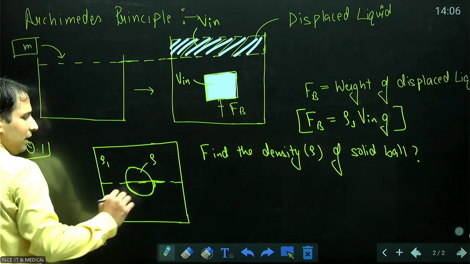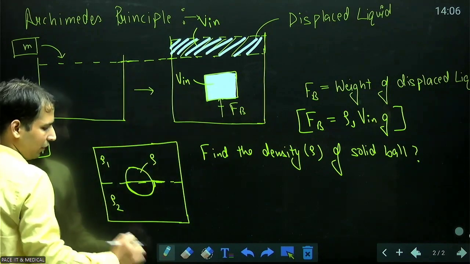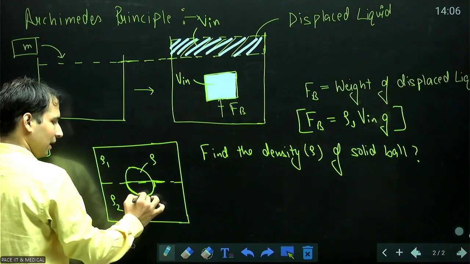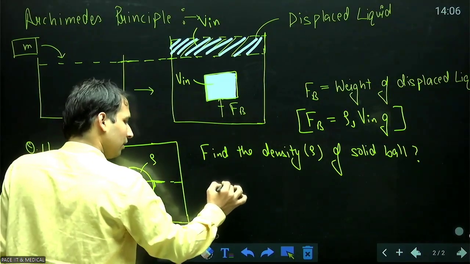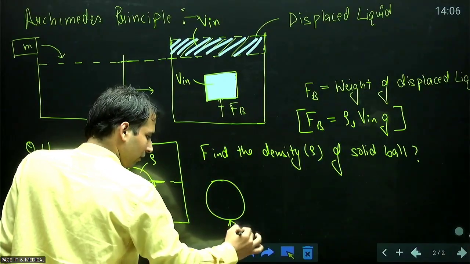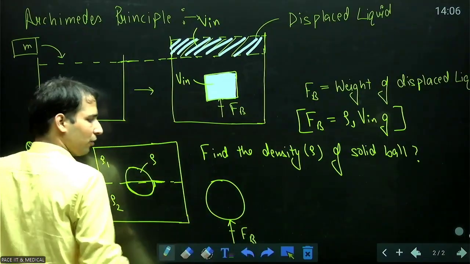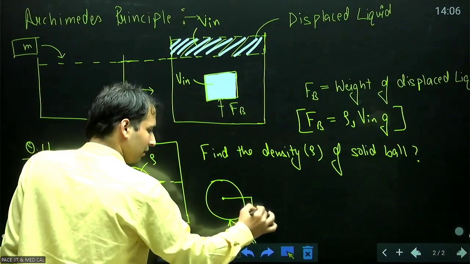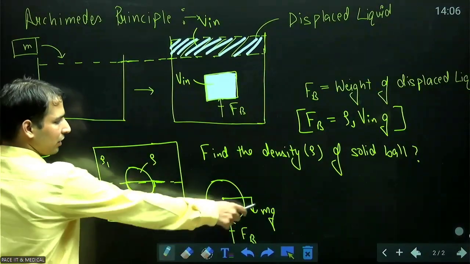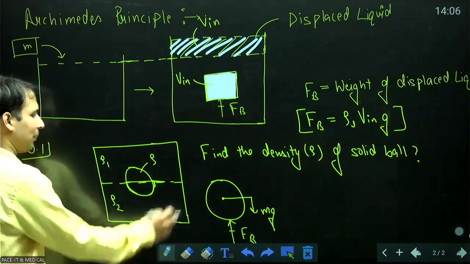So what we can do is, using this Archimedes principle, we know that since the body is at rest, the upward force, that is the buoyant force, the net upward force, must be balancing mg, right? There are only two forces on this body, buoyant force and mg. They must be balancing each other.